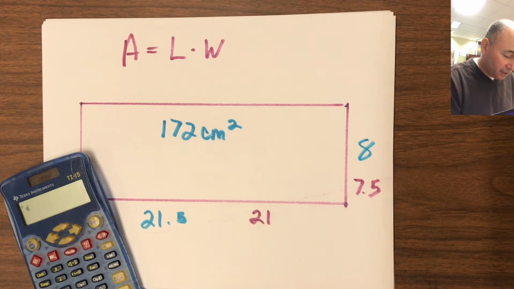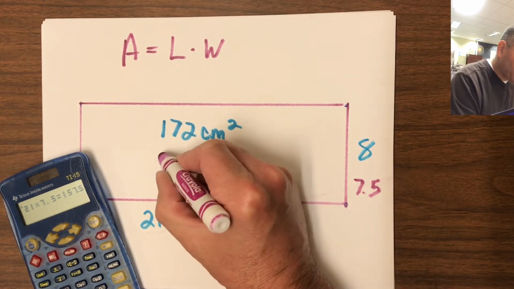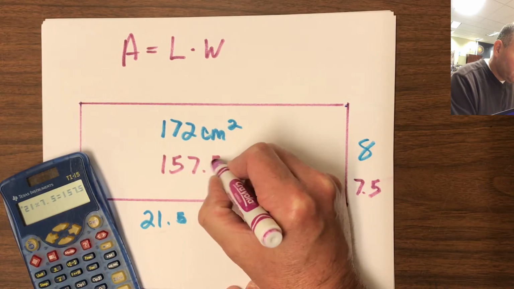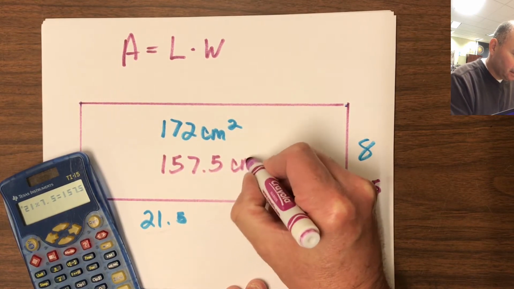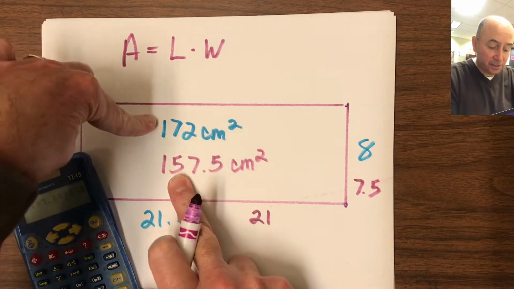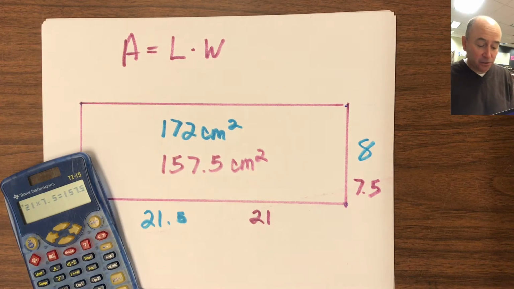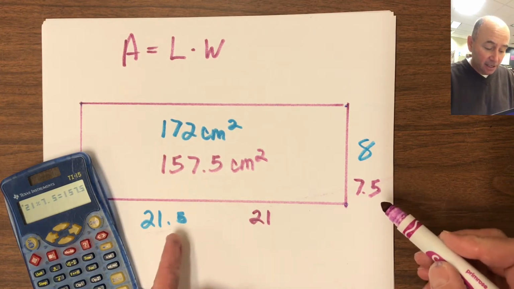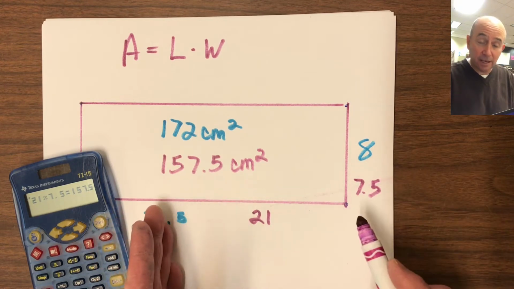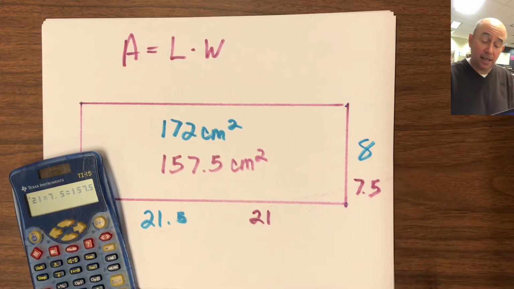So we're going to take 21 times 7 5/10. And this time our area comes out at 157 5/10 centimeters, okay? So there's quite a difference there, isn't there? That has to do with the fact that this measurement and this measurement are a whole 1/10 of a centimeter bigger, both length and width.